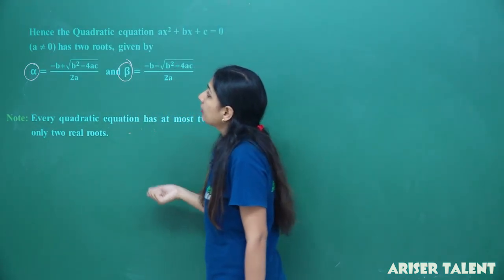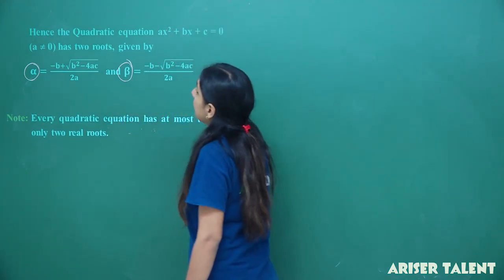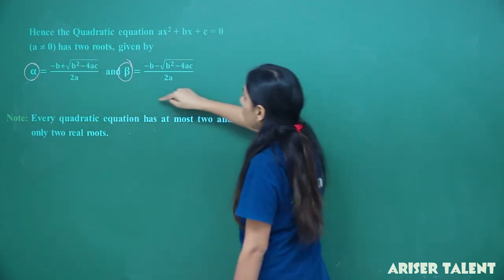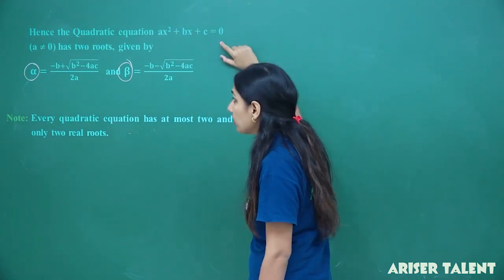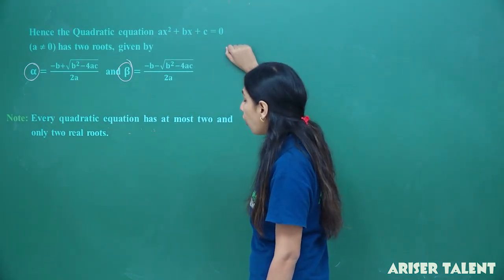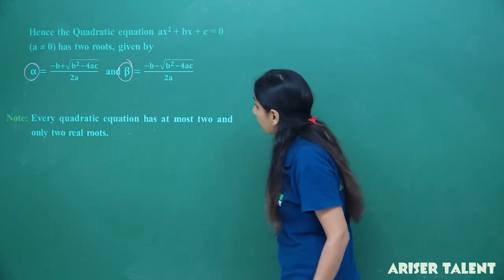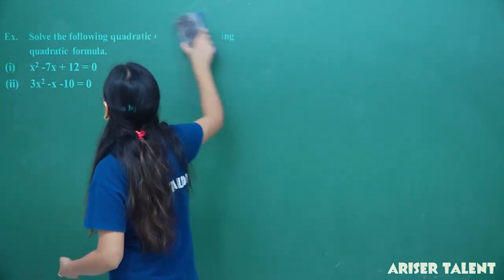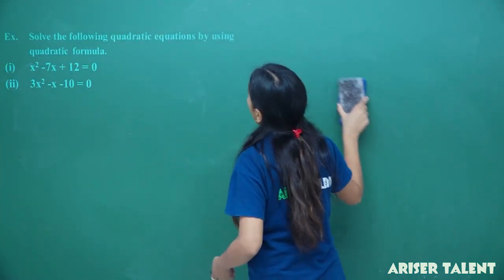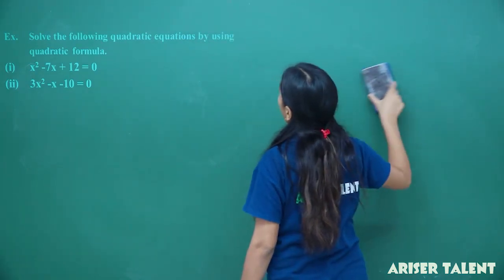Now this is the thing you have to note, so that we can move forward. So note this quickly. Here we have a question: solve the following quadratic equation by using quadratic formula.